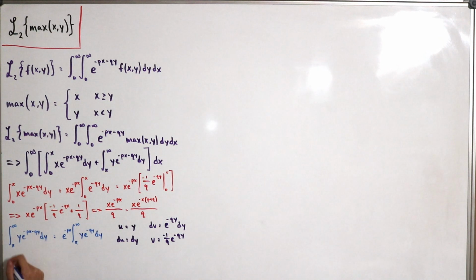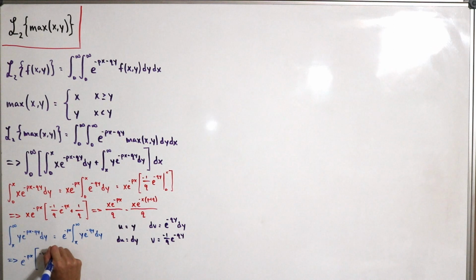Now substituting this back in, u times v. Let me keep the e to the negative px outside first. So we have -y times e to the negative q times y divided by q, computed for our bounds from x to infinity.